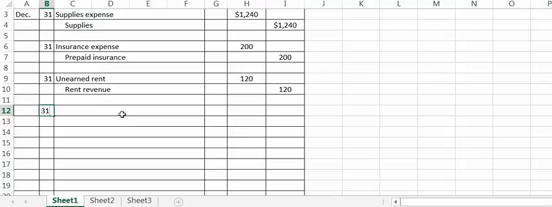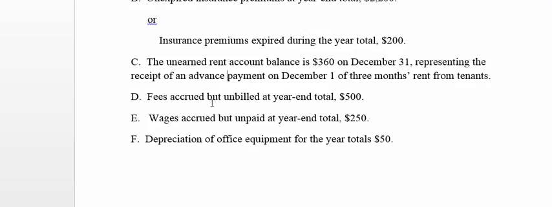Let's go to D. Okay, on D, it reads fees accrued but unbilled at year end total $500. All right, accrued just means built up. So what's happened here, we have provided service to some customers, maybe on the last couple days of the month, but we're not going to bill for that service provided until January.